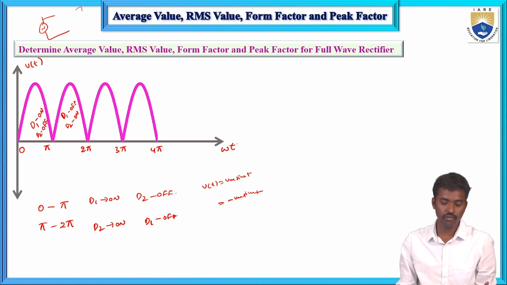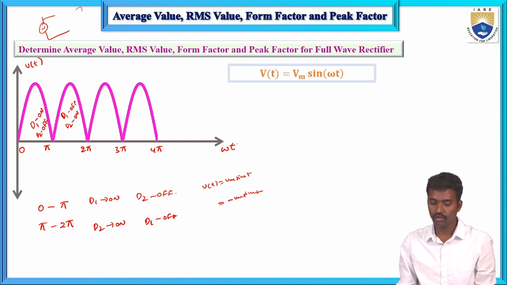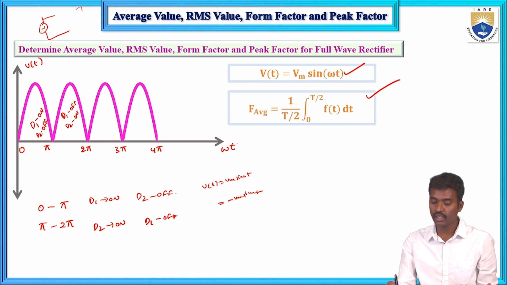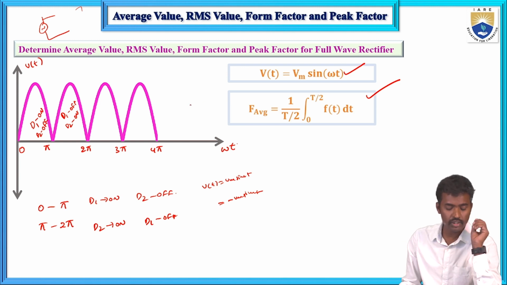What is the time period for this particular waveform, full wave rectifier output? Here V of t is Vm sin omega t, this is okay. Next, average value. This formula is for symmetrical waveform, but it is an asymmetrical waveform. How is it asymmetrical? There are no negative values.